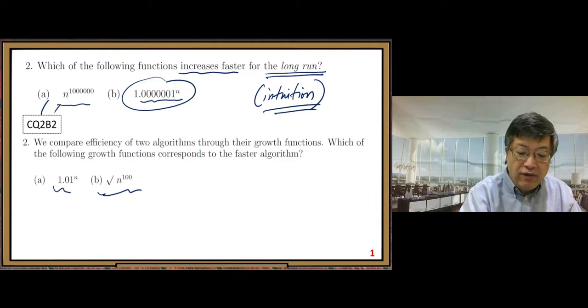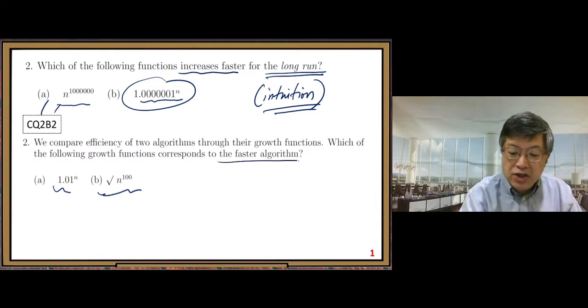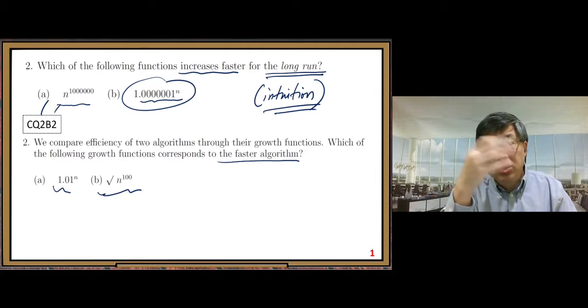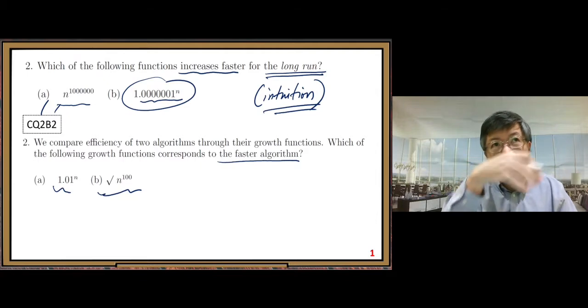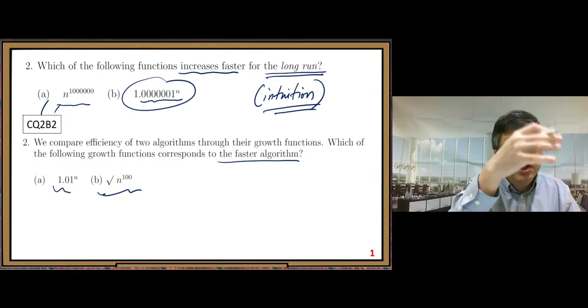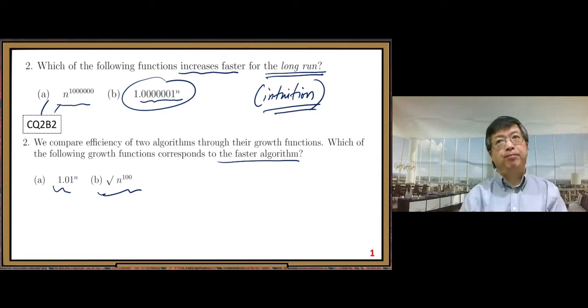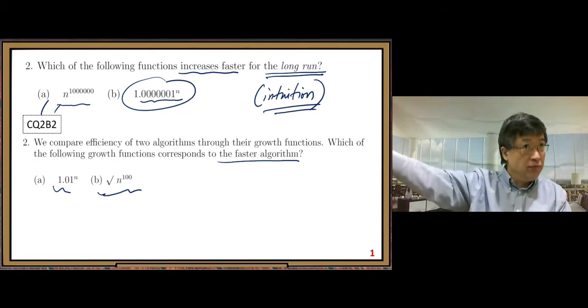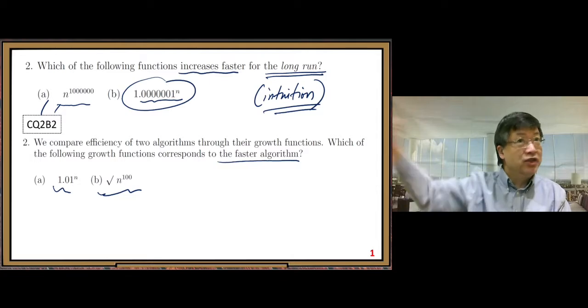Which of the following growth functions corresponds to a faster algorithm? A faster algorithm corresponds to the function that increases slower. If it increases very fast, then that means your algorithm is slower, right? Just the opposite.